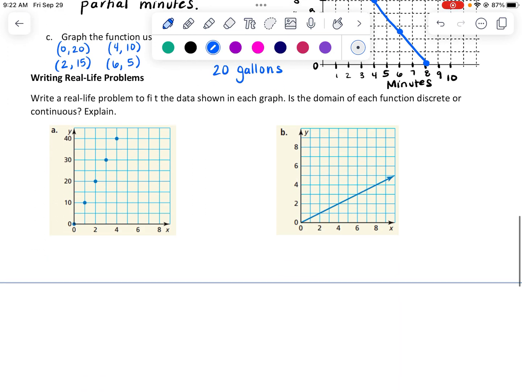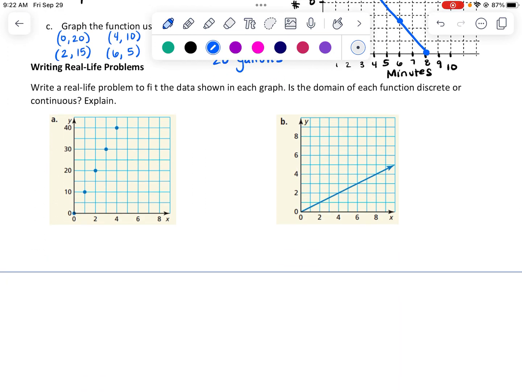The last few problems are asking us to fit a real life example to the picture. The first one is discrete. That's really important to recognize, that I need a discrete representation of the graph. I'll do something that some of you are familiar with.